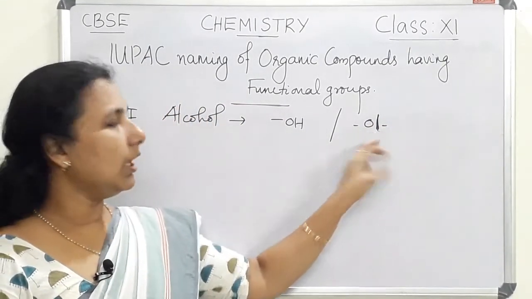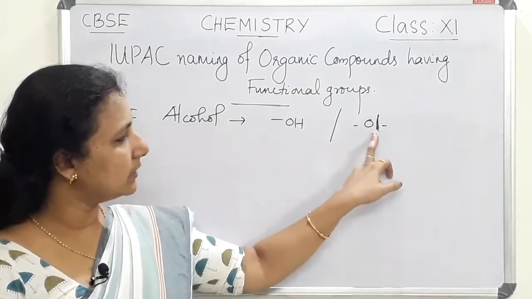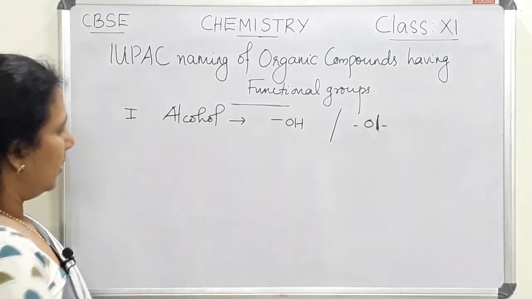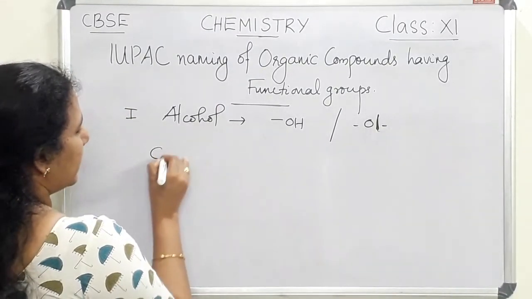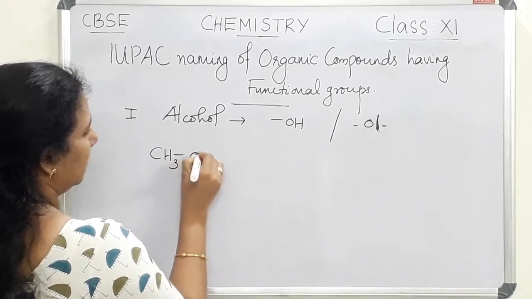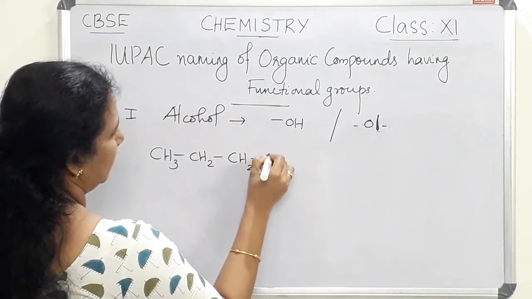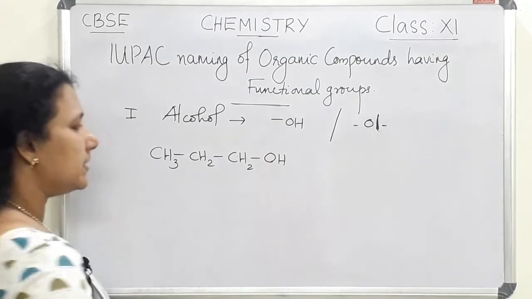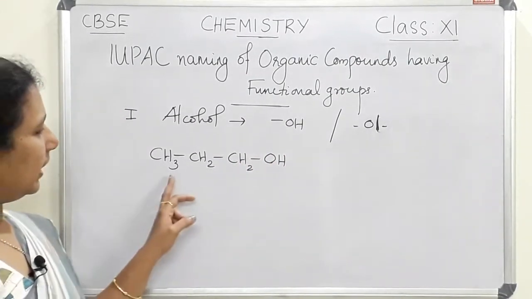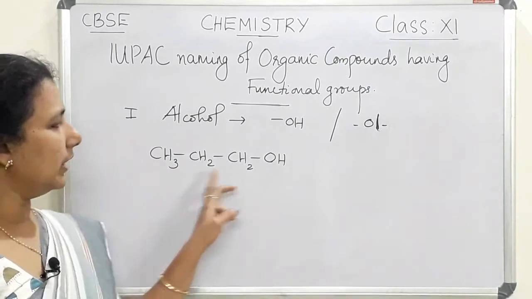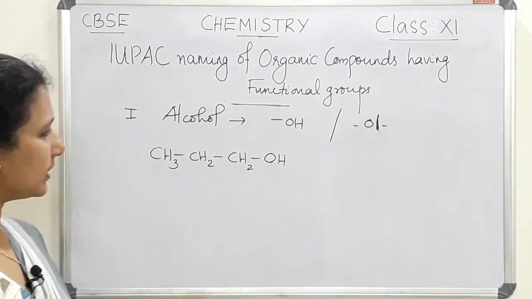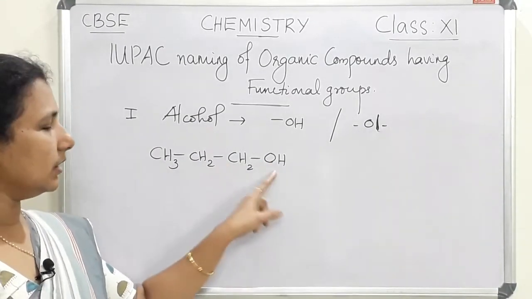So all alcohols will be ending with OL. So we can write one example. If this is an organic compound containing a functional group OH, we know that this is an alcohol.